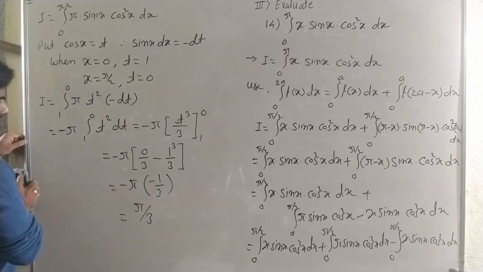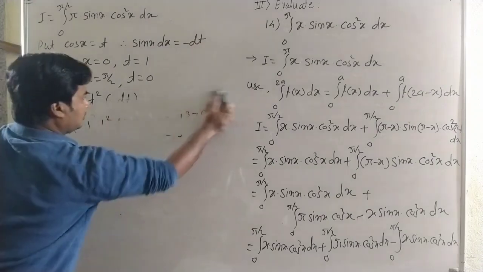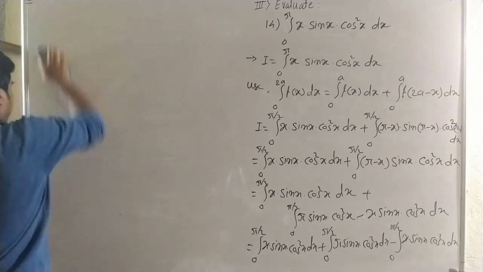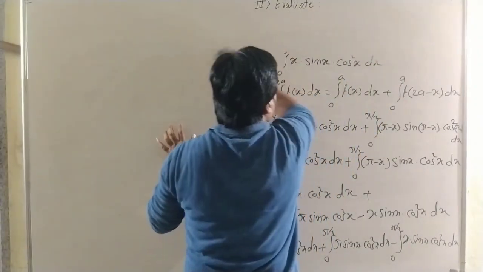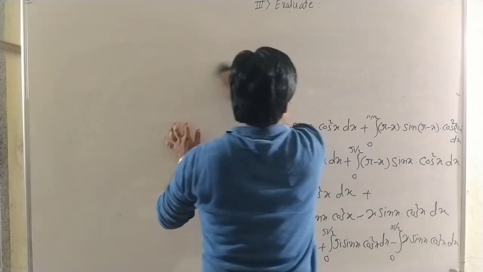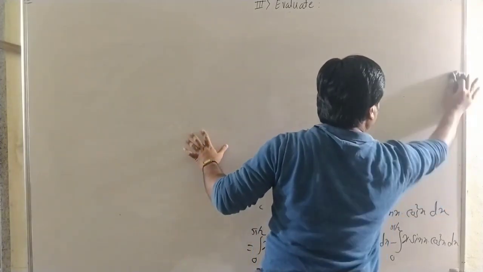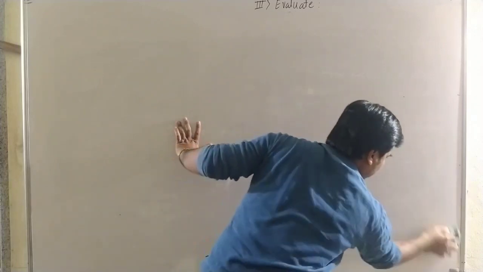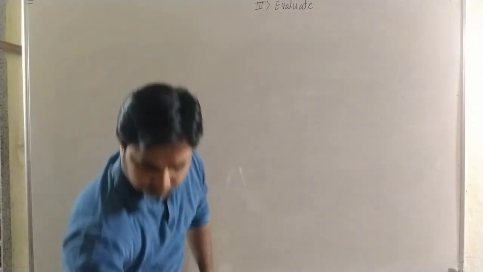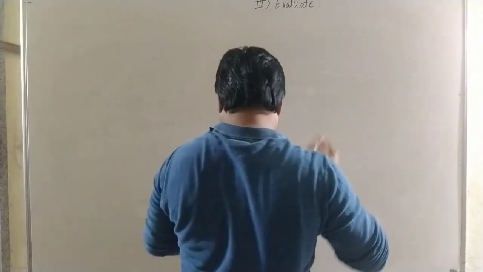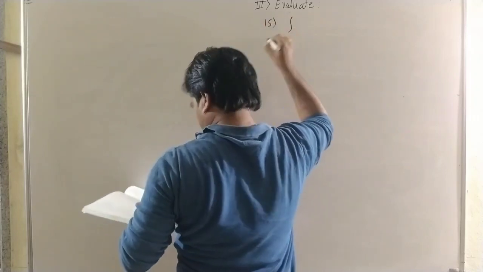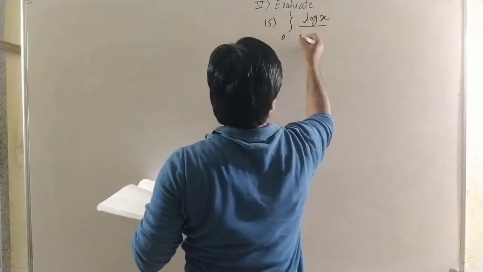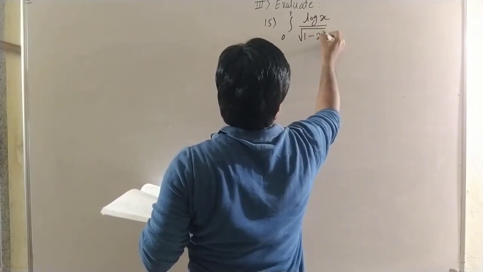Now we take the last example in this exercise. Integral 0 to 1 of log x upon under root 1 minus x square dx.